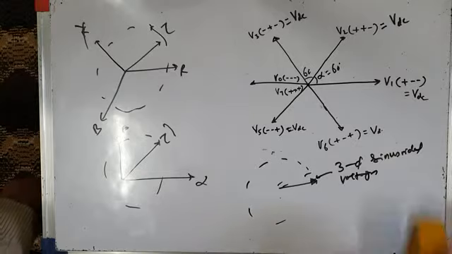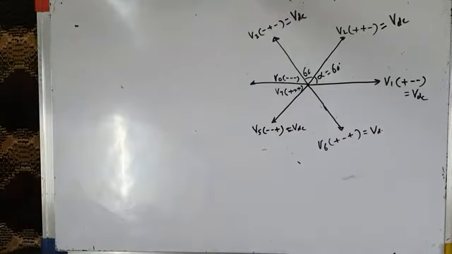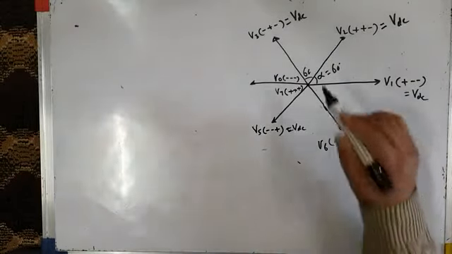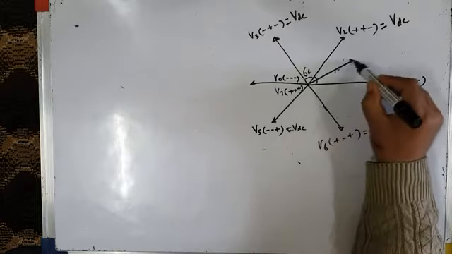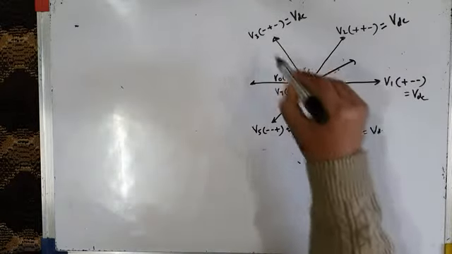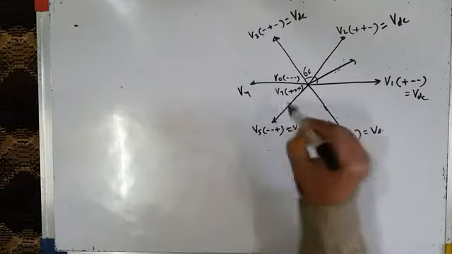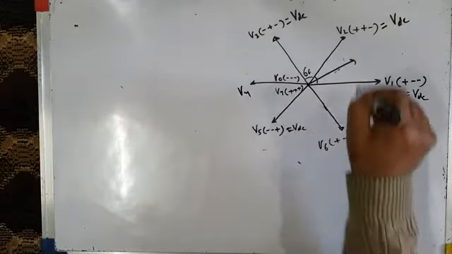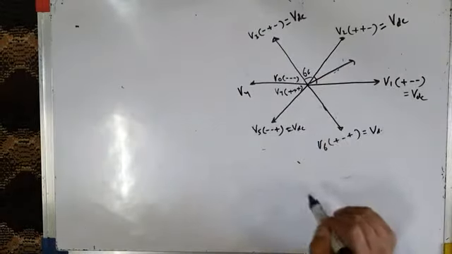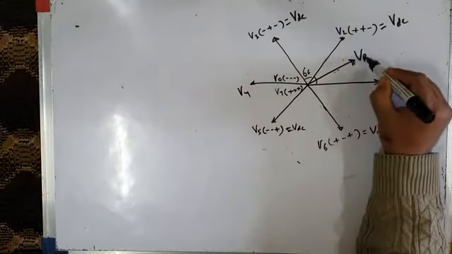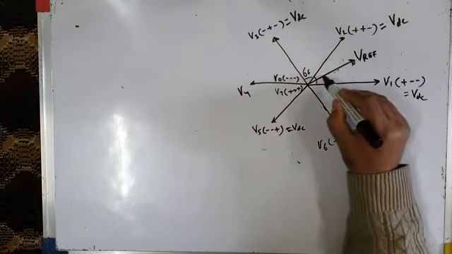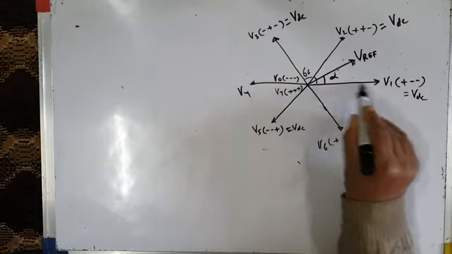So the question is how to generate this rotating reference vector. This rotating reference vector may be somewhere here. Say, for example, these are my voltage vectors V1, V2, V3, V4, V5 and V6, whose positions are already given after every 60 degrees. From these voltage vectors, I can get a reference vector, Vref, which is at an angle of alpha with respect to this alpha axis.